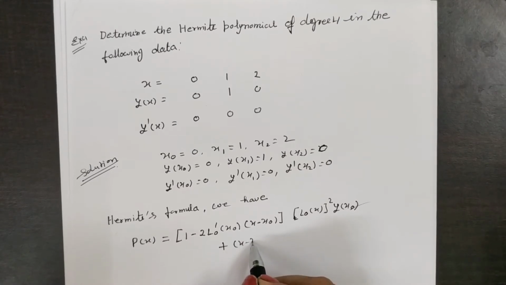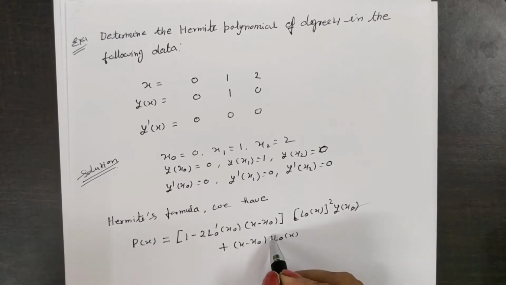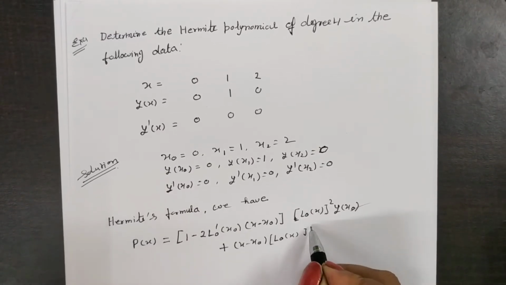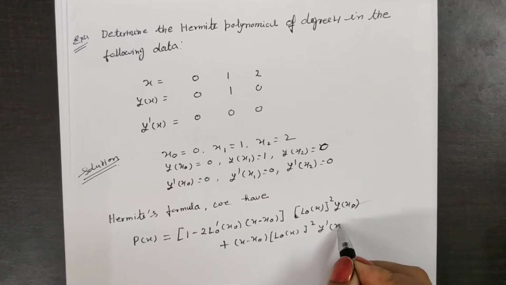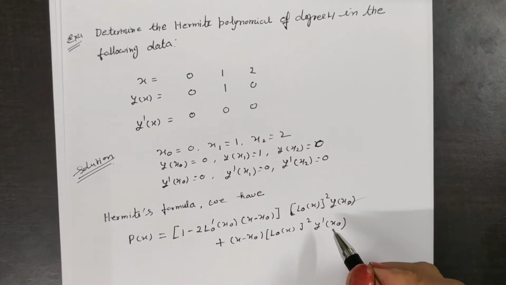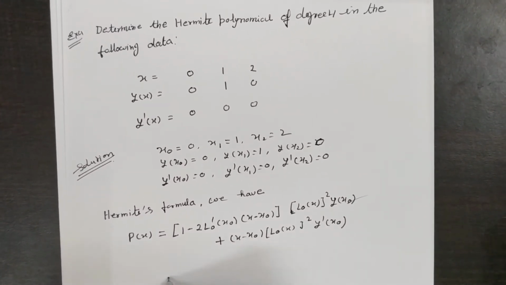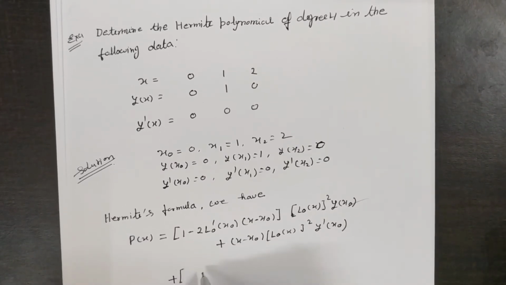plus (x minus x0) times L0(x) whole square and also y dash(x0). That is the first term, and similarly for the next. Here there are three terms.